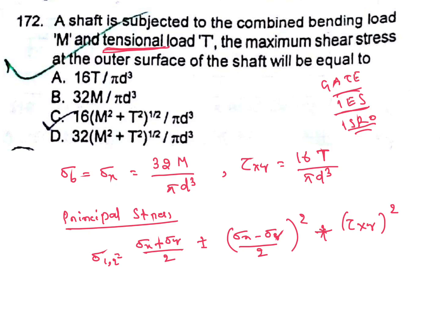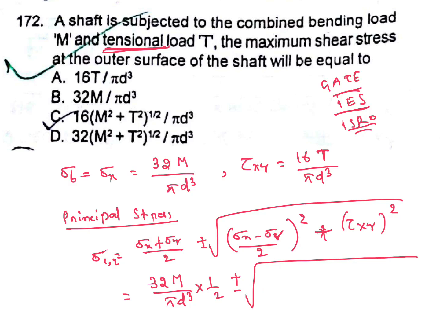So sigma y is 0, 32 M by pi d cube into 1 by 2 plus or minus square root over 32 M by 2 pi d cube whole square plus 16 T by pi d cube whole square.